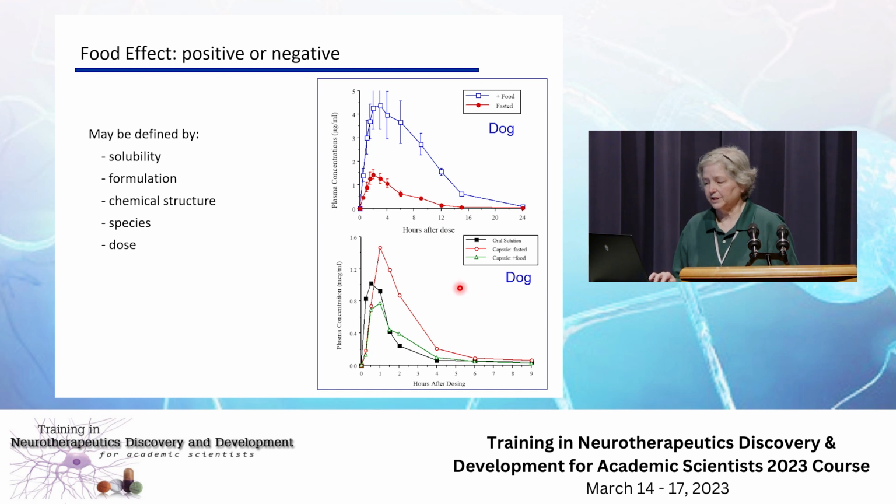The second example here is a compound where the pH of the stomach and the intestine changes as you eat or not, in fed dogs. That is changing the ionization of this compound, such that in the presence of food, the compound became ionized and wasn't able to be absorbed anymore.